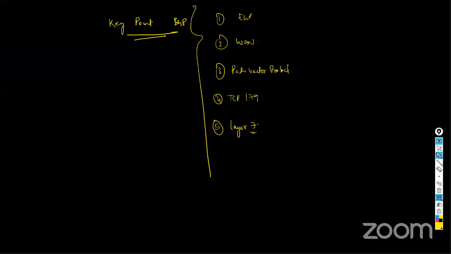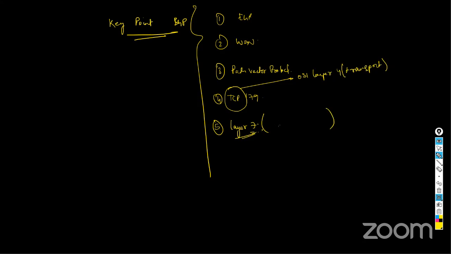Now I would ask you, TCP is an OSI layer 4, right? It's a transport layer protocol. Then why do you say layer 7? What makes you say it's a layer 7 protocol?